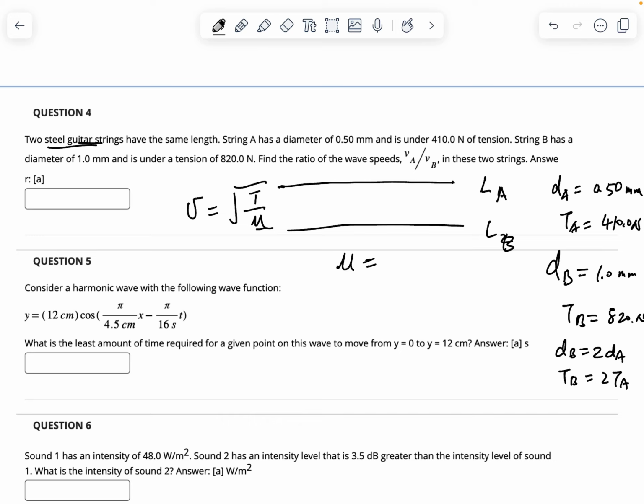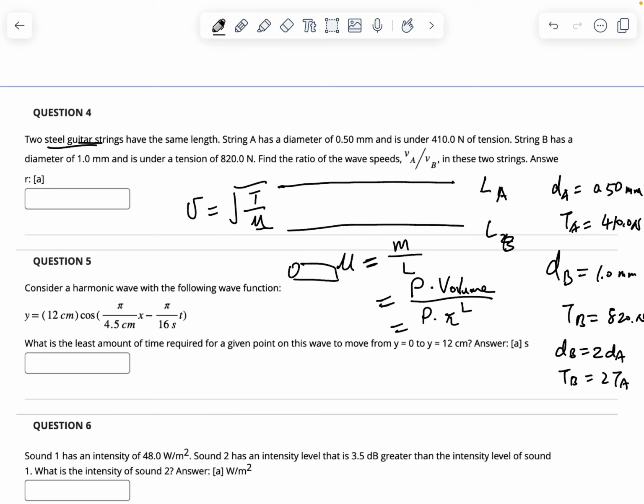So mu equal to total mass divided by length. Okay, and the length is the same. What's the mass? Mass equal to density times volume. Okay, volume divided by length, right? So density is the same because they are both steel. So what's the volume? Volume equal to area times length.